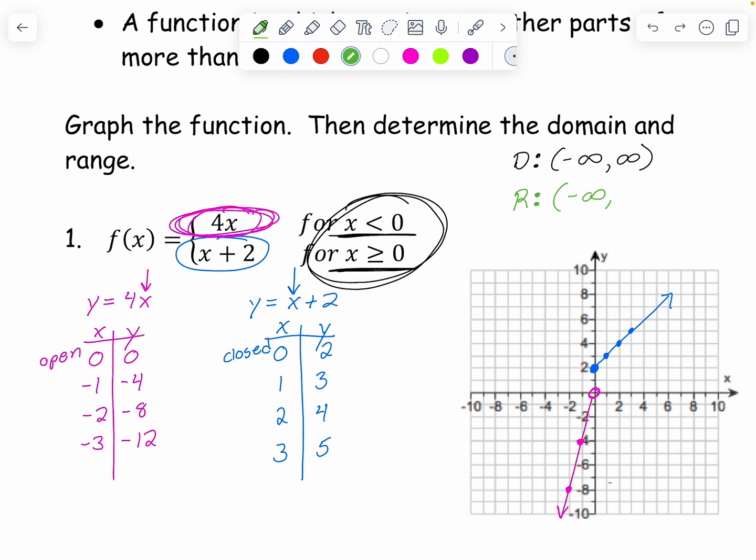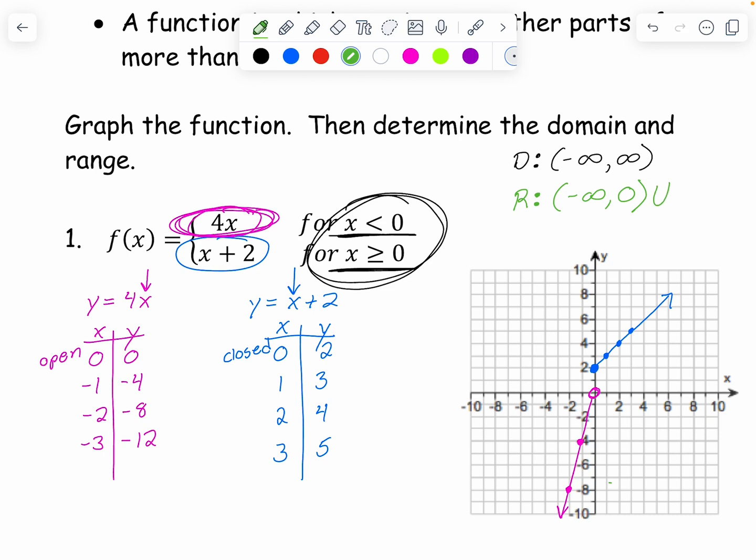So my first piece goes from negative infinity, and then it goes up, up, up, and then stops here. So it stops at a y value of 0. And then we need to be careful with the symbol. We have an open circle here, which means it is not equal to. Therefore, that 0 should have a parentheses. Now, we've got our break, so everything between 0 and 2 is not represented on our graph.